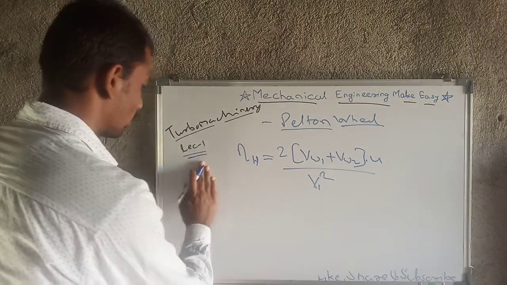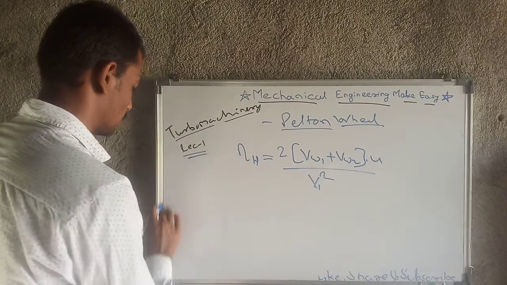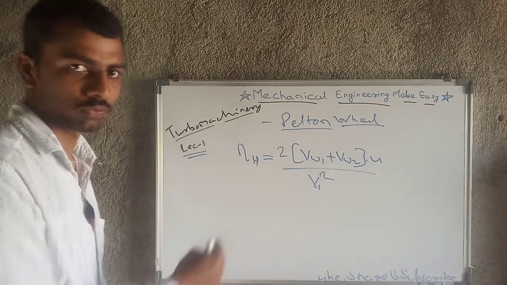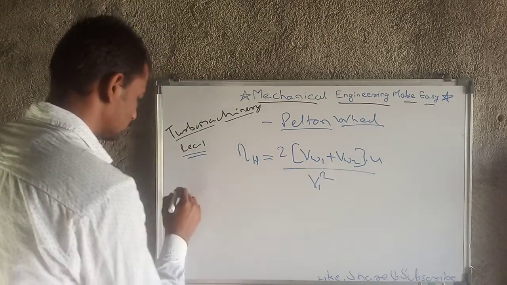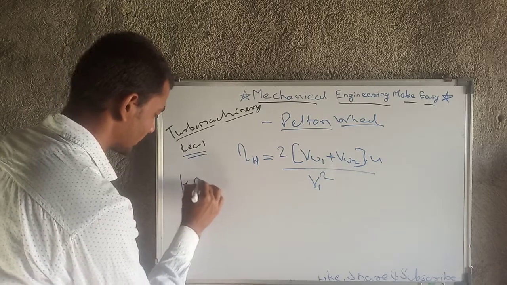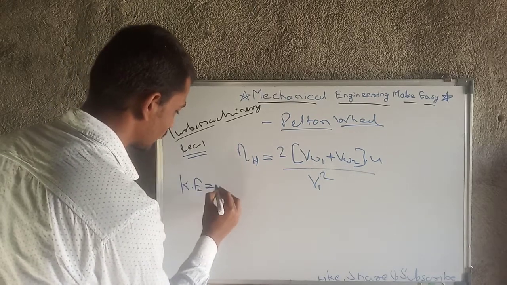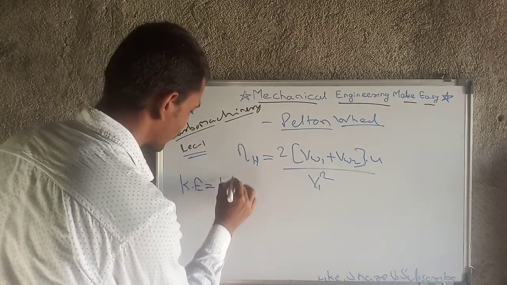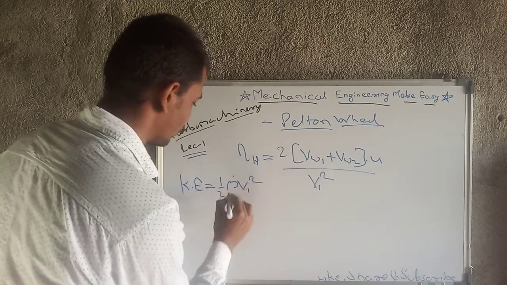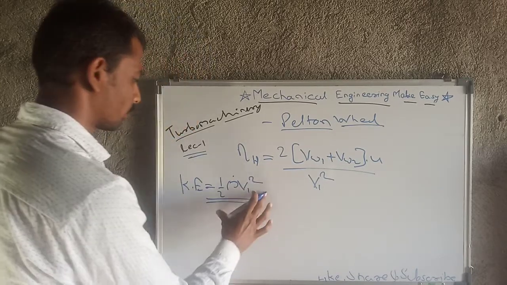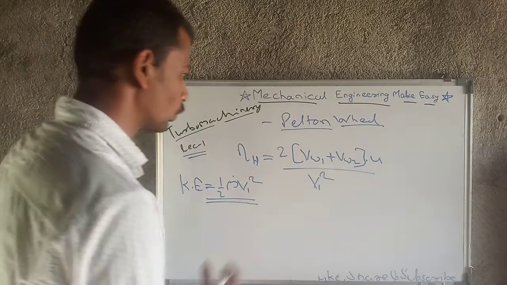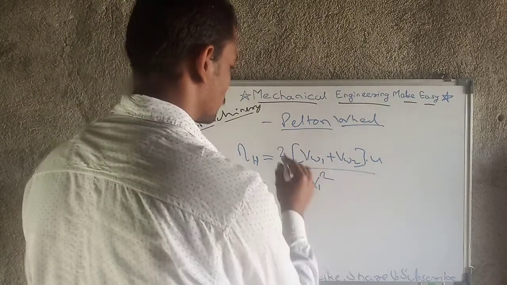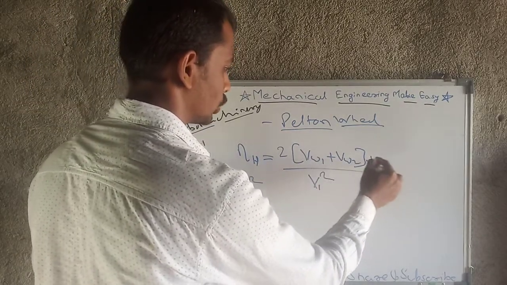So ultimately, if we consider all the velocity head in terms of energy, that value becomes the kinetic energy, which is half m dot into V1 square. At the inlet this much energy is available, and at the outlet we have calculated it as m dot into (Vw1 plus Vw2) into U.